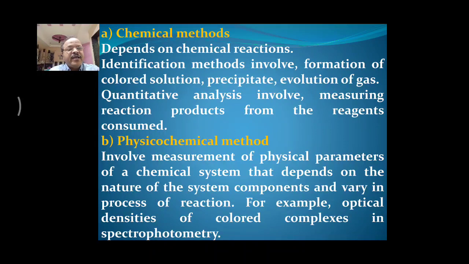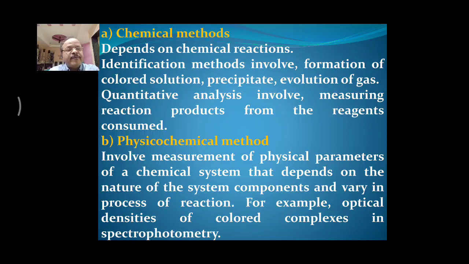Suppose A and B reactants we have added in the form of solutions. A and B solutions are mixed in a test tube and we want to record its optical density. So the physical parameter that we are going to measure is the optical density.